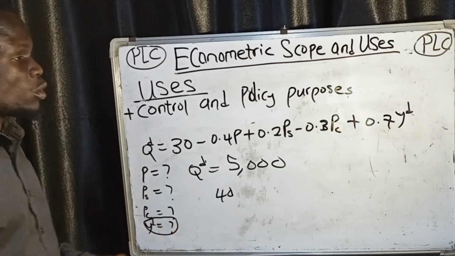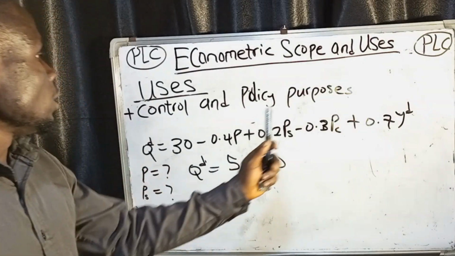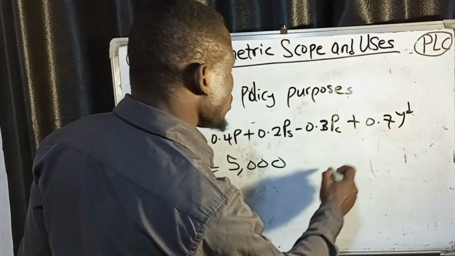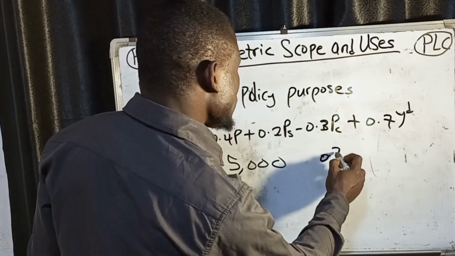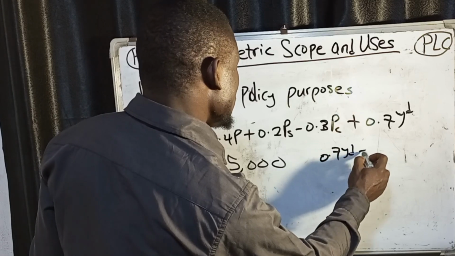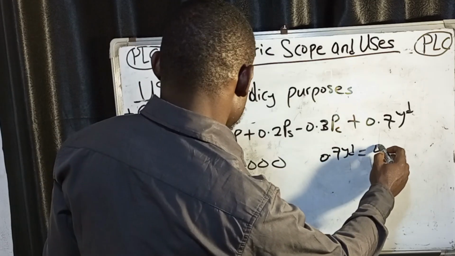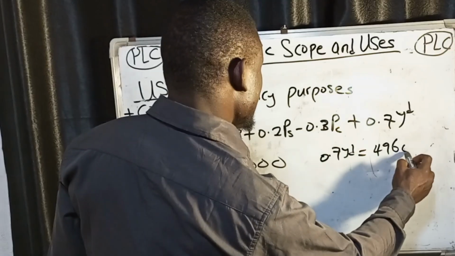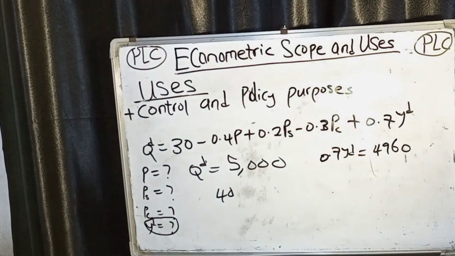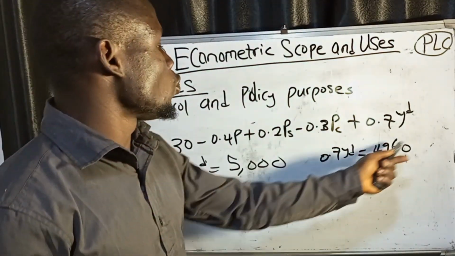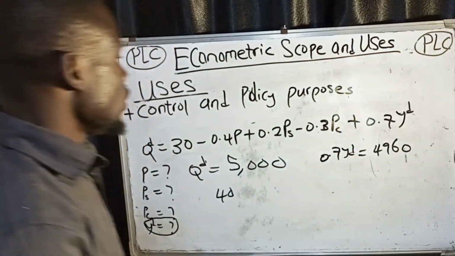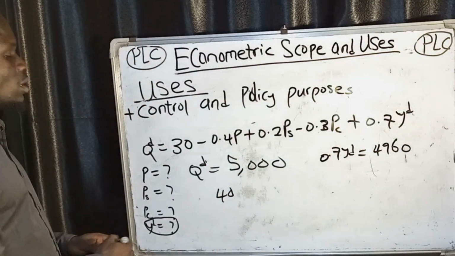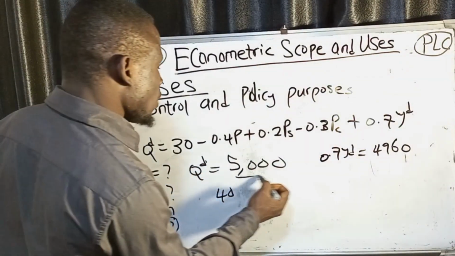This means for our quantity demanded to be 5,000, our disposable income should be such that 0.7 yd equals 4,960. All we simply do is divide all through by 0.7, so you get the disposable income that you need for this quantity demanded to be 5,000.